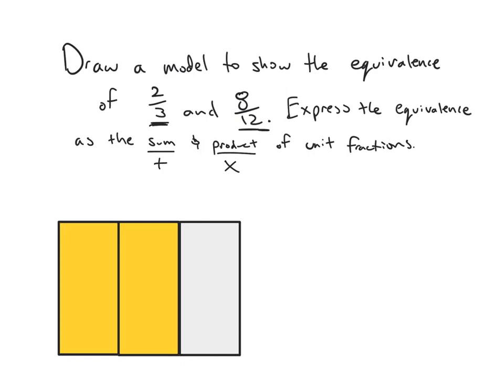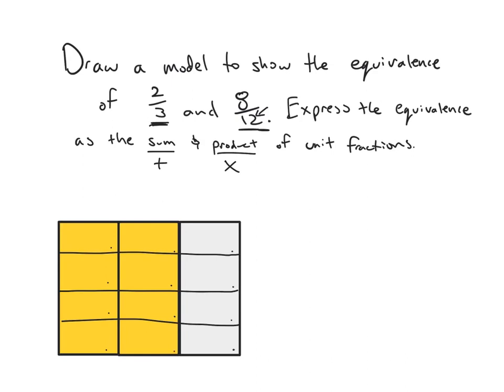So my next step is I'm going to be showing the equivalence to 8/12. So I know that I'm going to need to create 12ths in my area model. So that means I'm going to need to create 3 horizontal lines so that I can turn my 3 equal sections into 1, 2, 3, 4, 5, 6, 7, 8, 9, 10, 11, 12 equal sections.